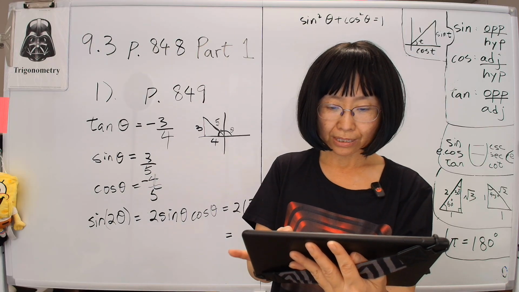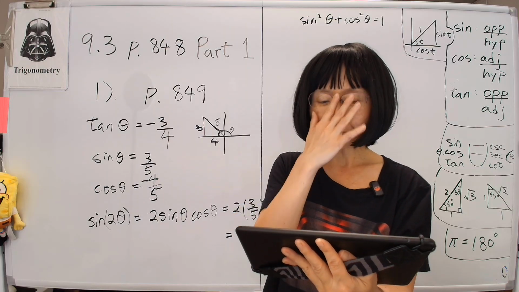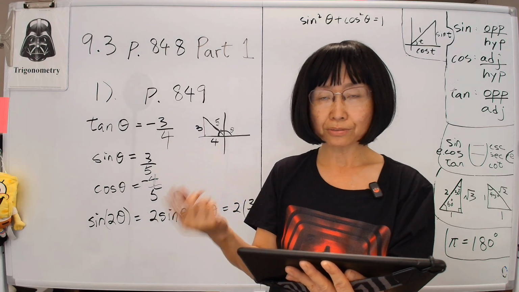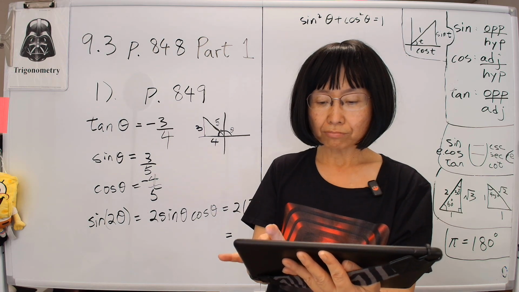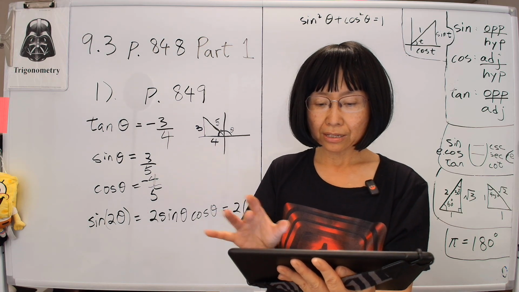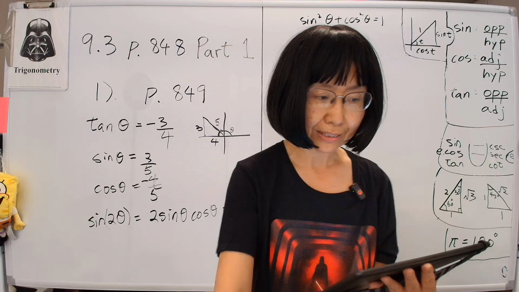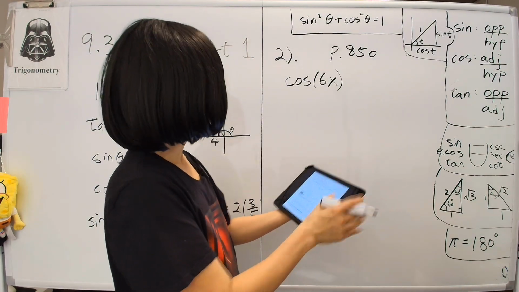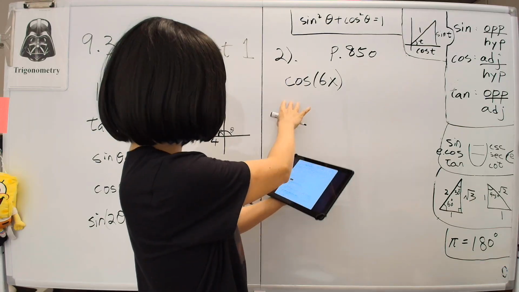Example 2 says use the double angle formula for cosine to write cosine 6x in terms of cosine 3x. So let me write that down. Now here's example 2 on page 850.